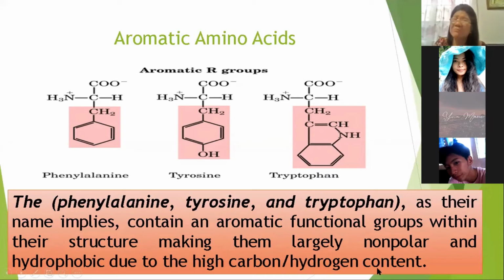What makes it hydrophobic? Because of the high carbon hydrogen content. That's the answer, no? That is for the aromatic amino acid. What makes it aromatic? Because of the presence of the ring.